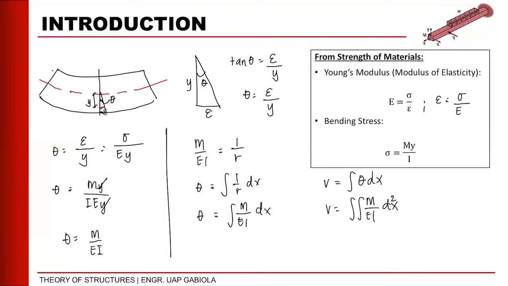So this is where the double integration method comes from, because of the double integral sign to get our deflection. This particular formula is for our slope and this is our deflection.